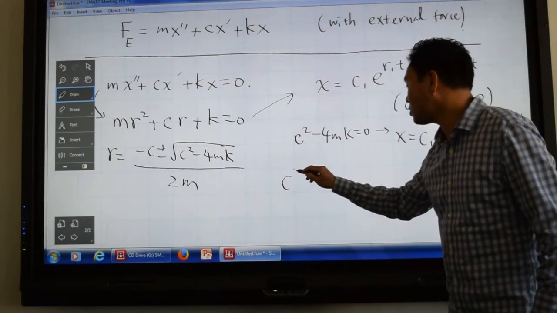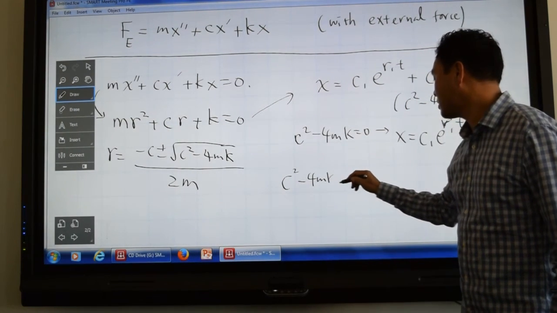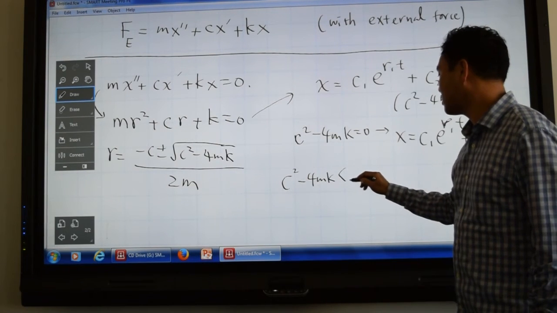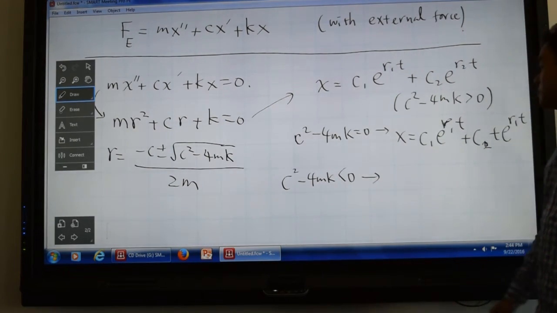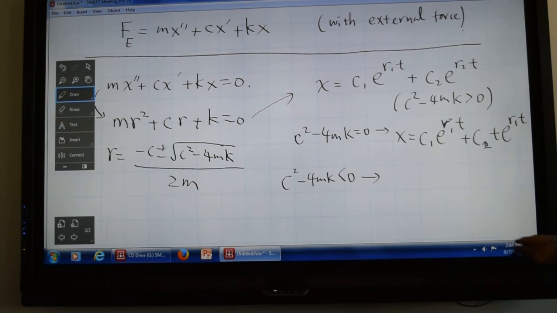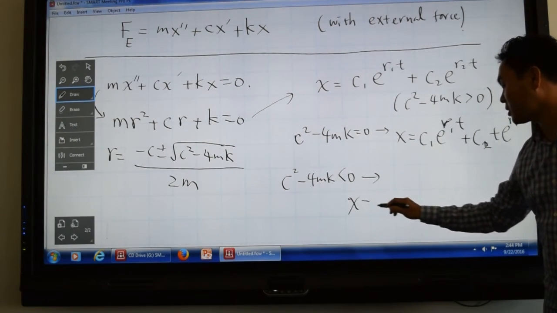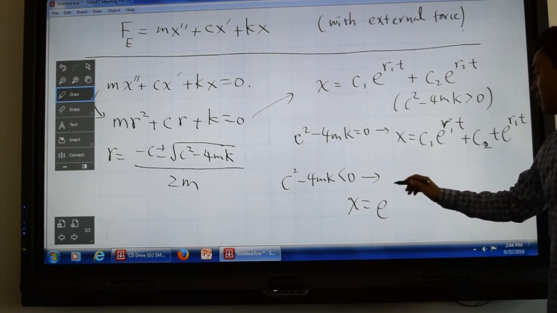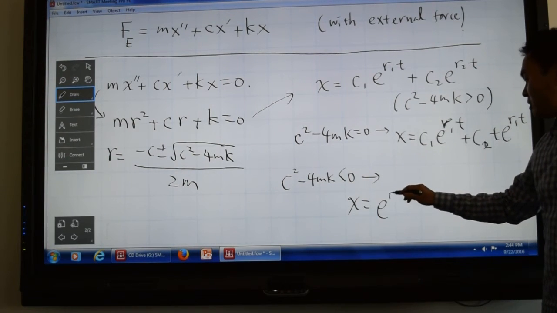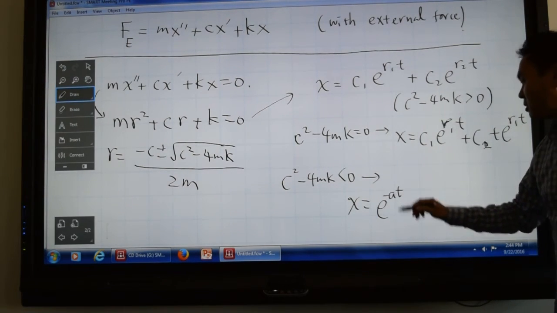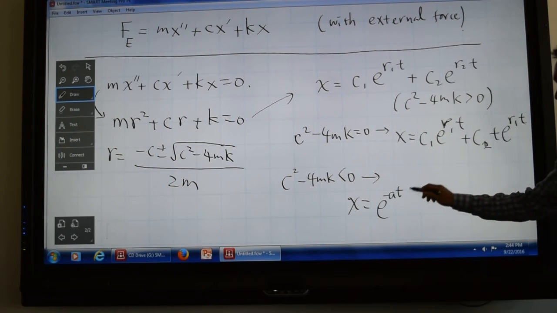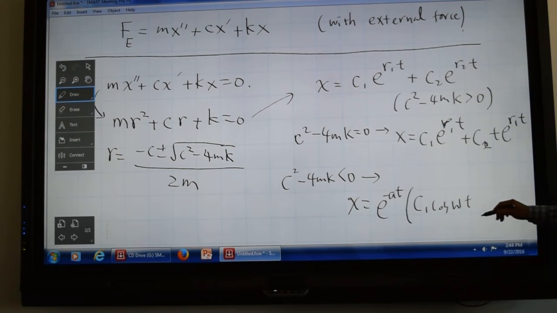What if you have c squared minus 4mk less than 0? You're going to get sine and cosine. Your solution will look like e to the negative a t, so actually it'll be a negative number, times c1 cosine omega t plus c2 sine omega t.